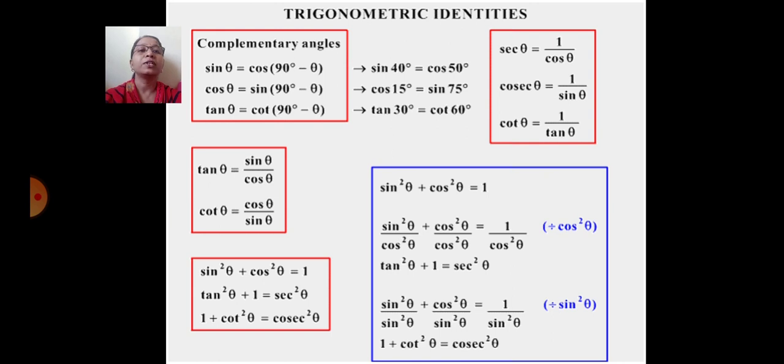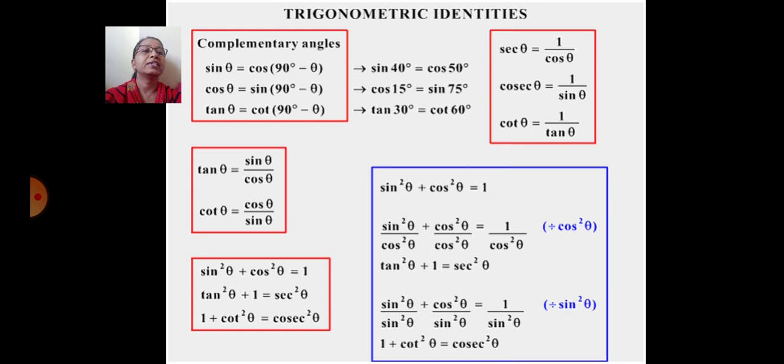Alongside, an example is also given. Sine 40 is equal to cos 50. How? Because sine 40 degree is equal to cos 90 minus 40, and 90 minus 40 is 50. So therefore, sine 40 degree is equal to cos 50 degree. Similarly, the other two examples.